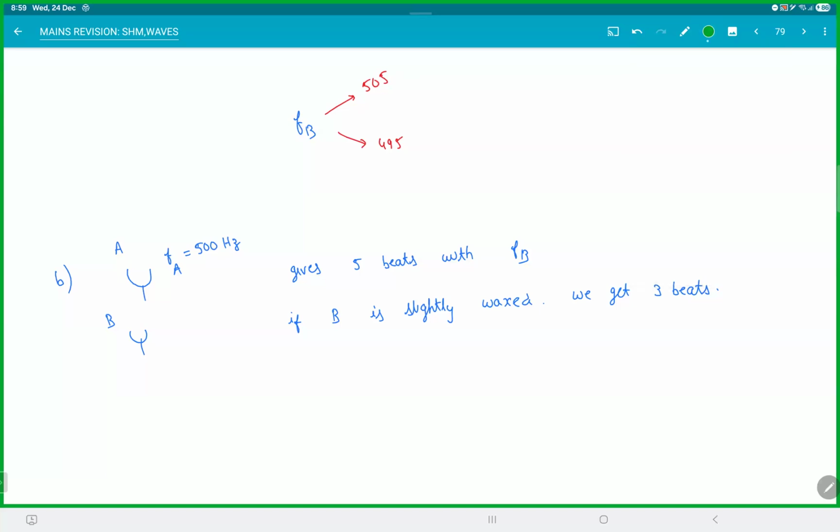So the frequency would have dropped maybe, and you're getting only 3 beats, right? So maybe this would have been 503 and maybe this would have been 493. I'm just giving some random numbers. And you're saying you're getting only 3 beats. This is only possible if it is 503. So 505 is the answer. Is that making sense?